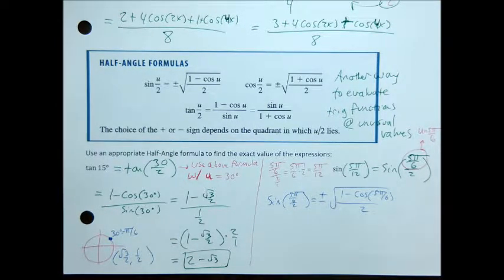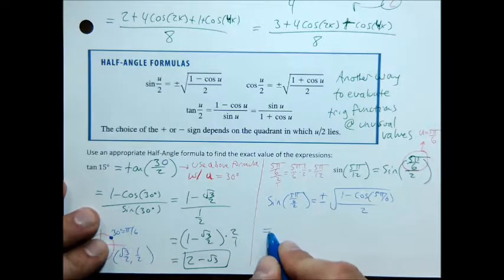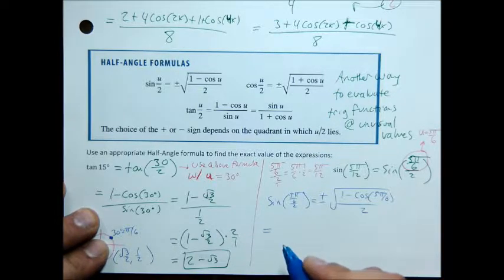What's cosine of 5 pi over 6? So it's a pi over 6 point in the second quadrant. So that's the square root of 3 over 2 x value, except we're in the second quadrant, so it's negative, right? So this, it's negative the square root of 3 over 2.